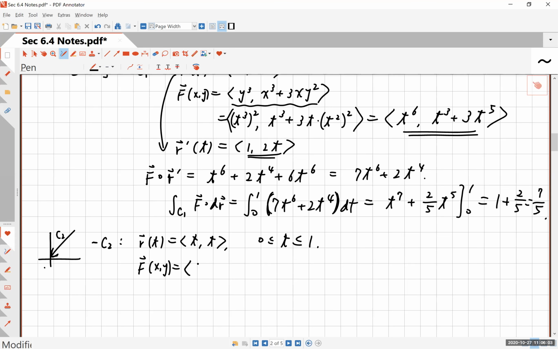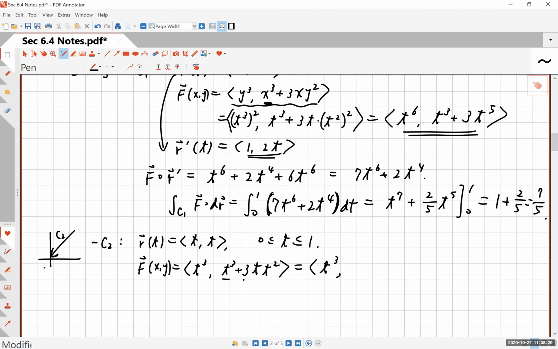So this is y cubed. In this case, y and x are both t, so x cubed is t cubed, and then the next one is x cubed, which is t cubed, plus 3x y squared, where x and y are both t. So you can write f on this line segment as t cubed, comma, and then how many t cubes do I have?